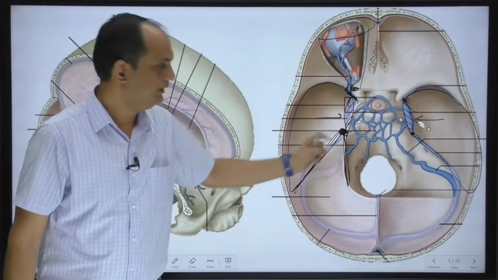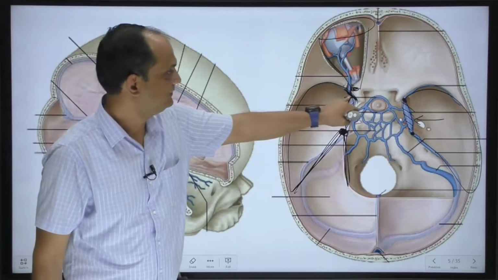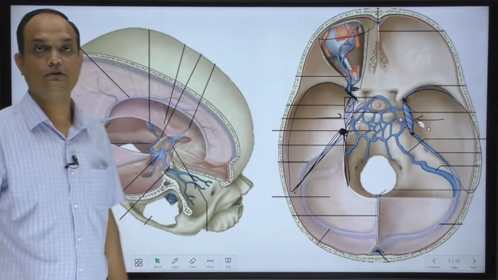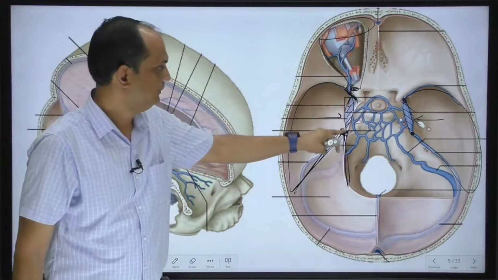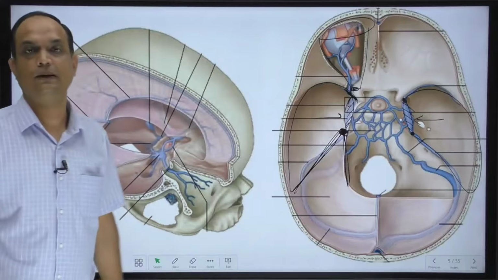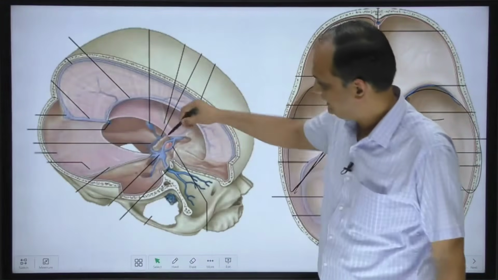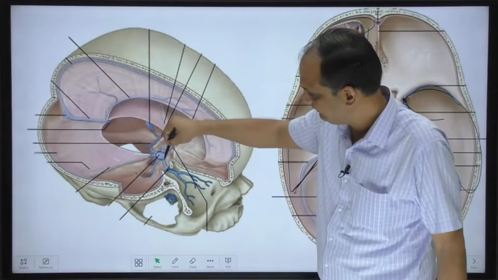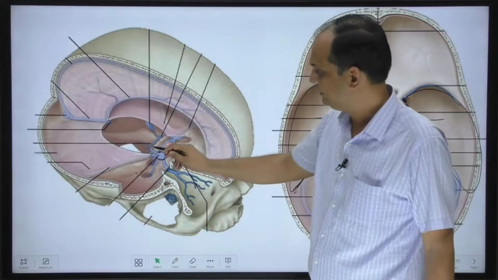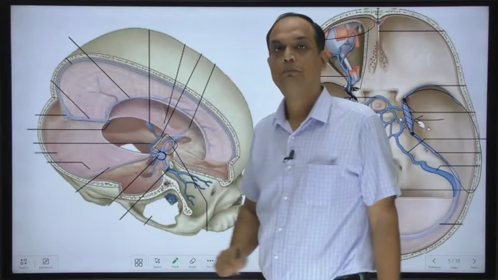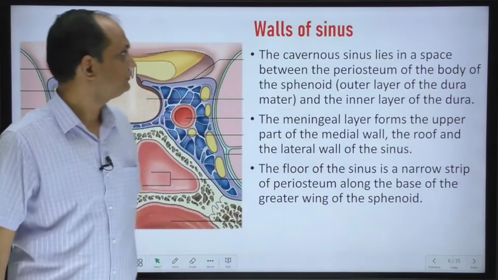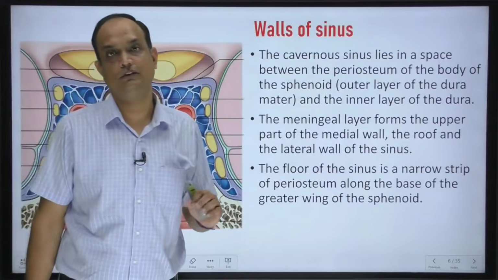It is elongated, extending from the apex of your orbit near the superior orbital fissure, going posteriorly till the apex of the petrous part of the temporal bone. In this diagram also you can see this is your cavernous sinus and this is your body of sphenoid bone. Okay? Now what are the different walls of the sinus?